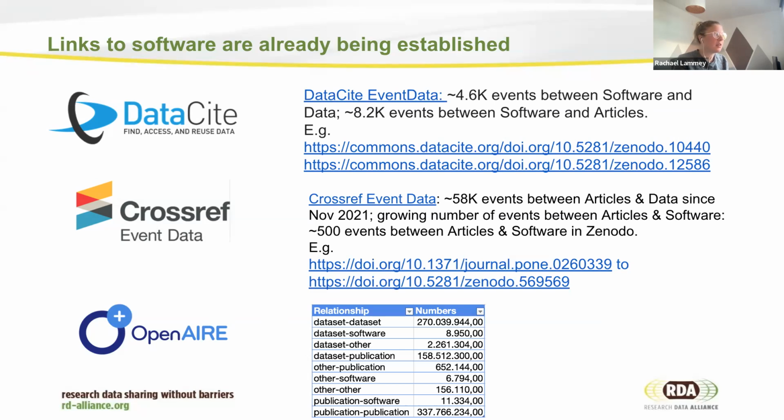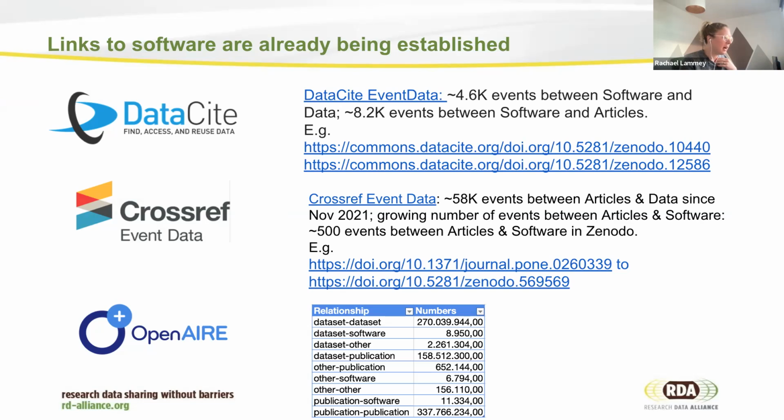So still low at this point, but about 500 between, say, articles and software in Zenodo. We can also see links to software in Figshare being registered by publishers in connection to specific journals. So again, I've that plus one article links to software in Zenodo, and we're able to expose that via event data.